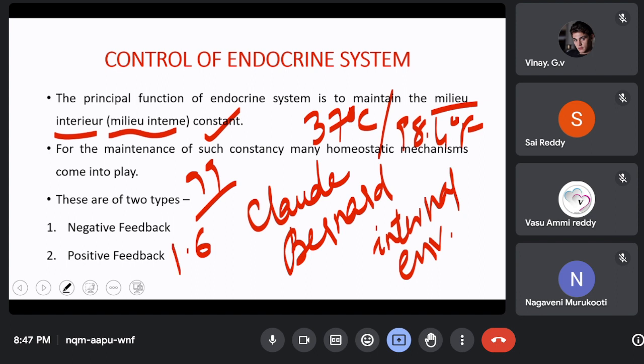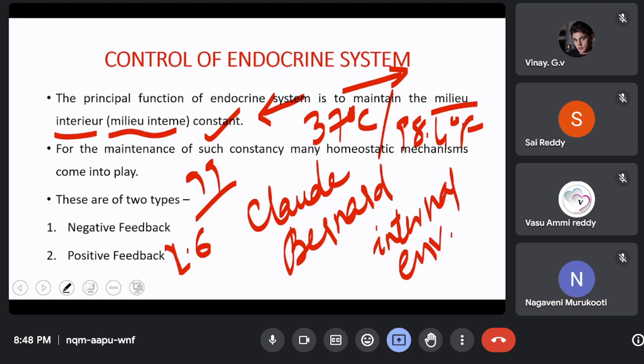One more degree, you say it is high fever. One more degree, 101, 102, 103, you say it is lethal. That means your body temperature should not be beyond or below 37 degrees centigrade. It has to be maintained constant.